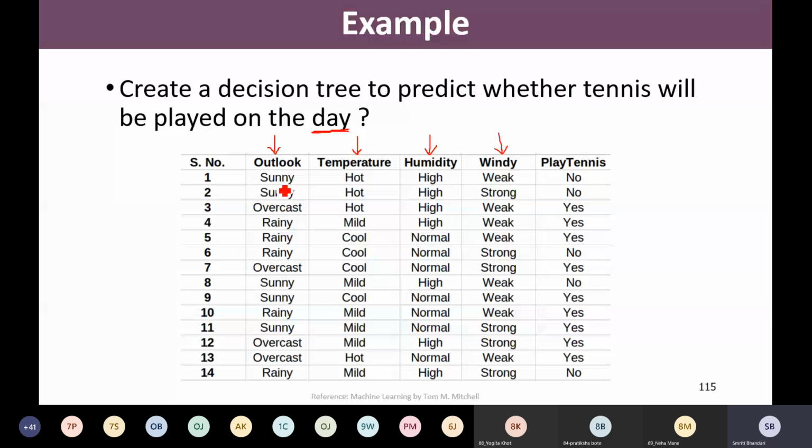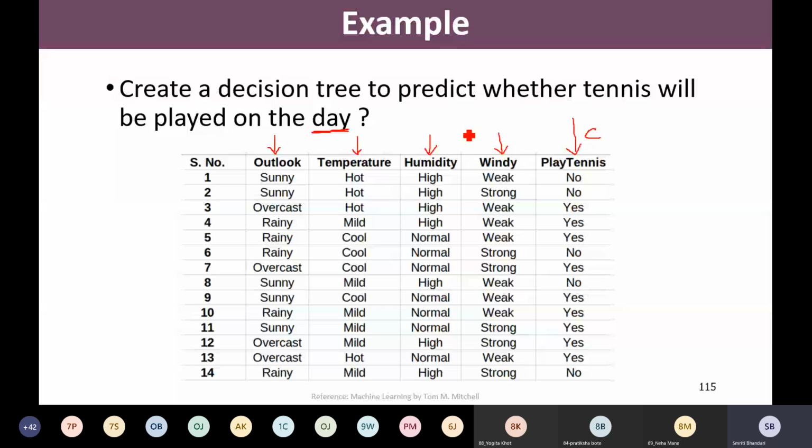So we have the 4 features available, and based on the values of those 4 features, we need to predict whether this particular day is suitable for playing tennis, yes or no. So our class labels are yes and no. These are the class labels, and these 4 are the features for which some values are there.